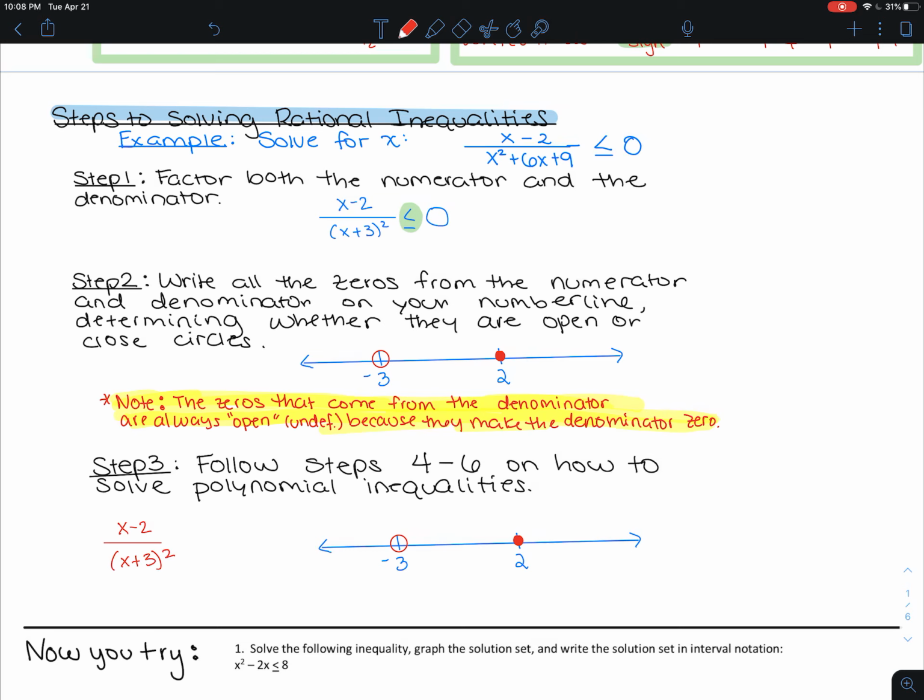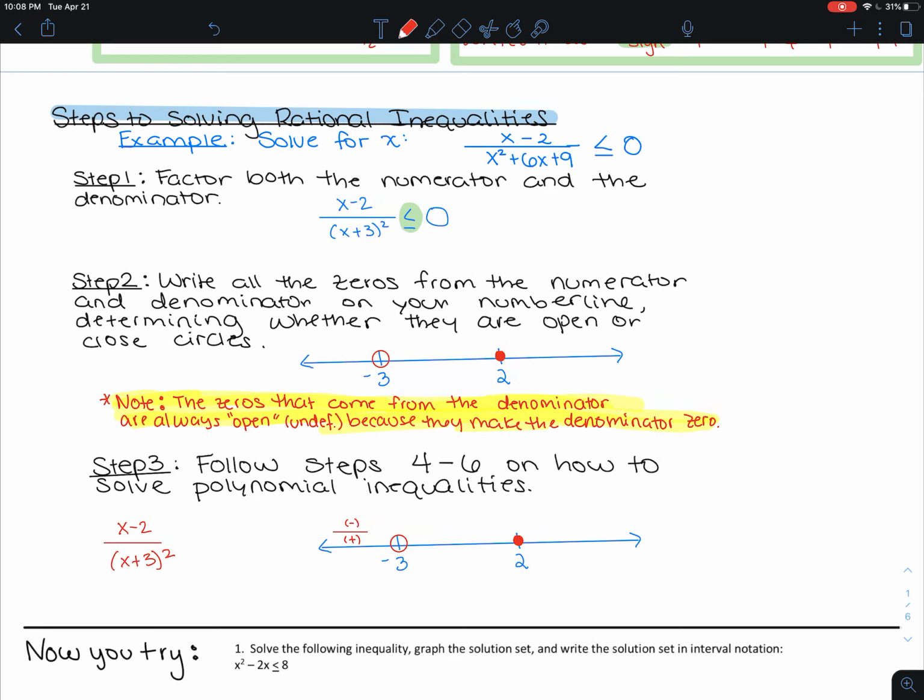In the interval negative infinity to negative 3, I'm going to choose a huge number like negative 1,000,000. If I do negative 1,000,000 minus 2, I get negative in the numerator. And in the denominator, I'm going to do negative 1,000,000 plus 3 quantity squared. Since it is squared, it is positive.